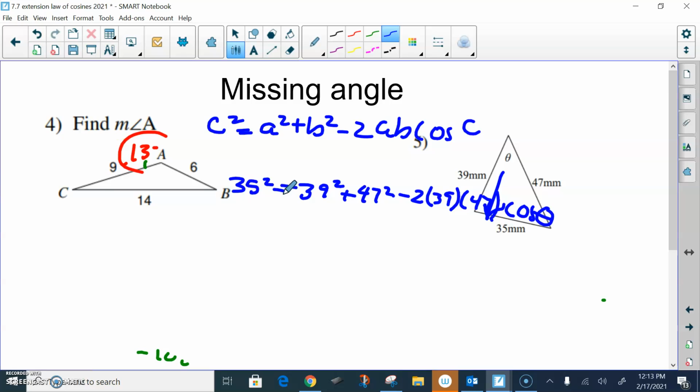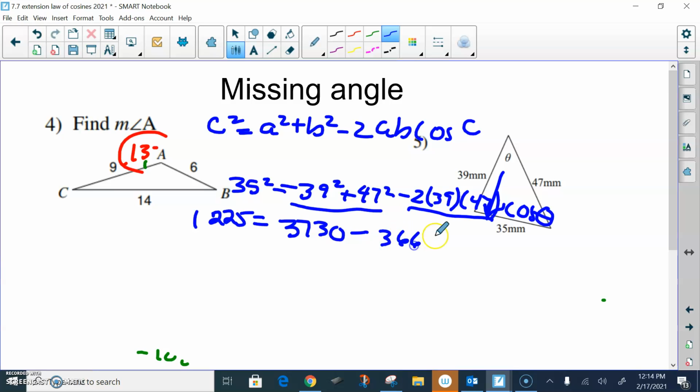35 squared gives you 1225 equals, okay, I know I'm allowed to combine these together, so I'll combine those: 39 squared plus 47 squared equals 3730. I'm allowed to combine these together too: 2 times 39 times 47 gives me minus 3666 times cosine of theta.